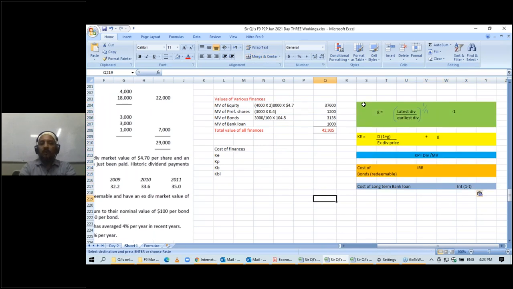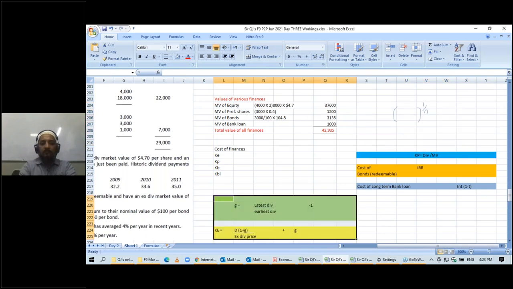First of all, we'll be calculating the cost of equity. For the cost of equity calculation, we are using the dividend growth model. The formula that will be used is as follows.